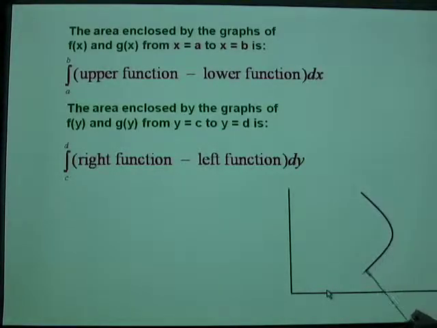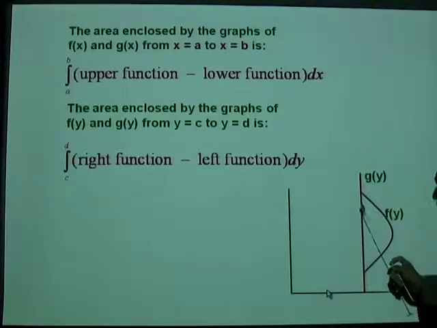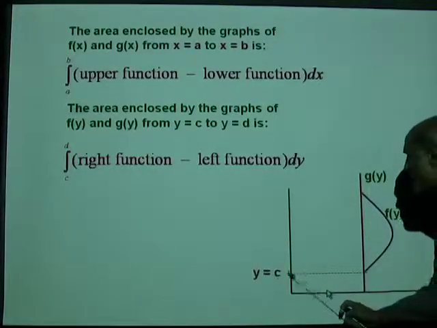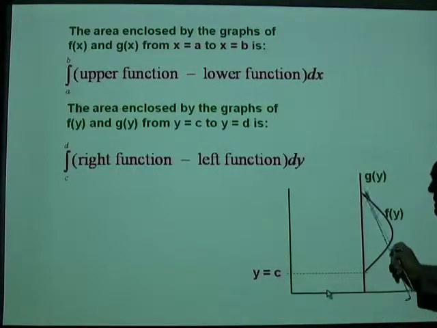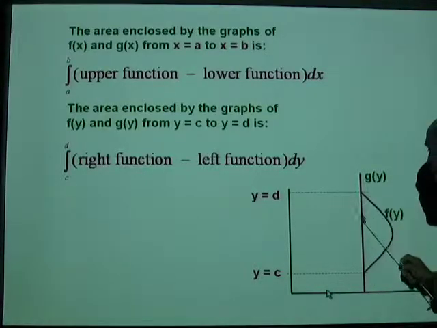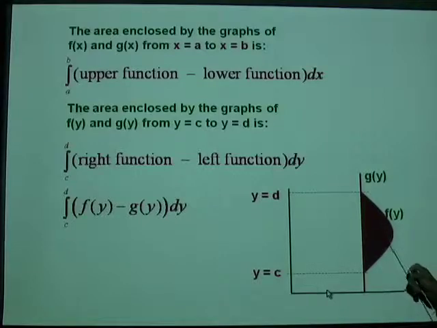Suppose this is a function f of y, and the red line is a function g of y. Look at the area enclosed by the graph of that. Now, these two functions meet at y equal to c and y equal to d. So what does the enclosed area give you?